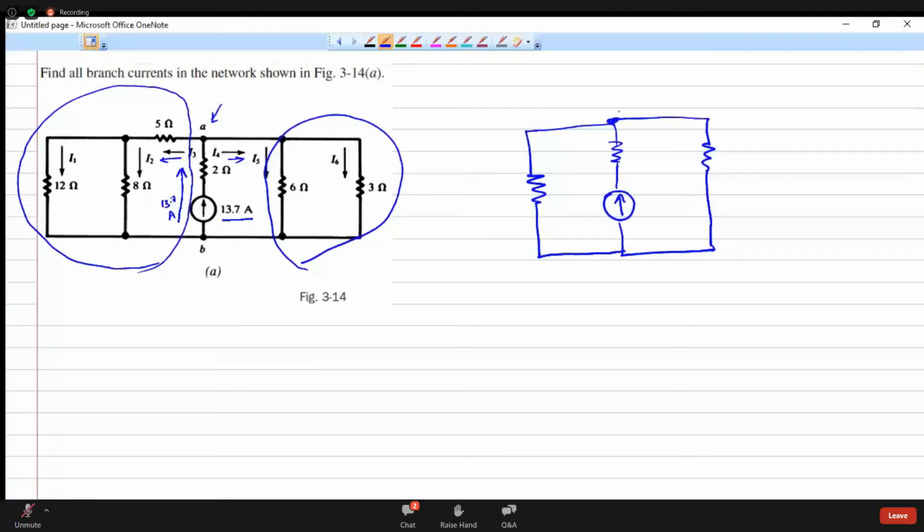And here we have the node A, 2 ohm is here, 13.7 ampere. So what about the value of this resistor?